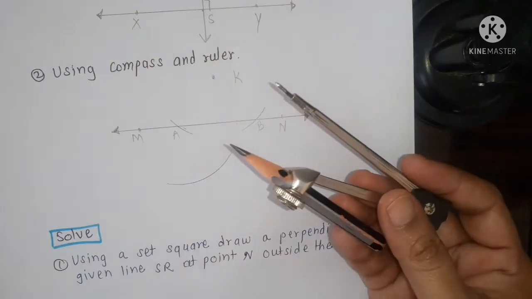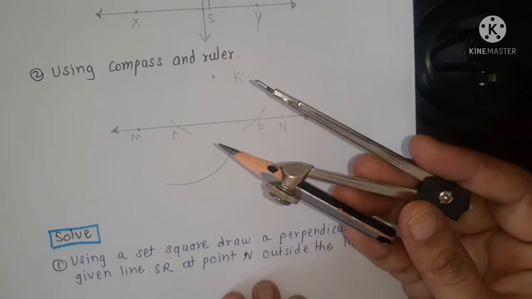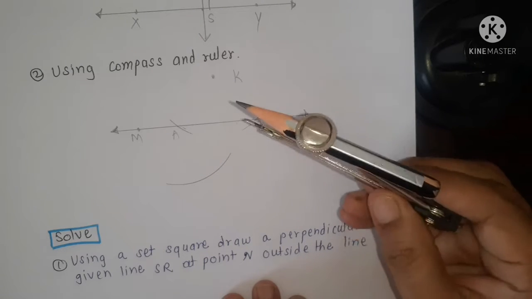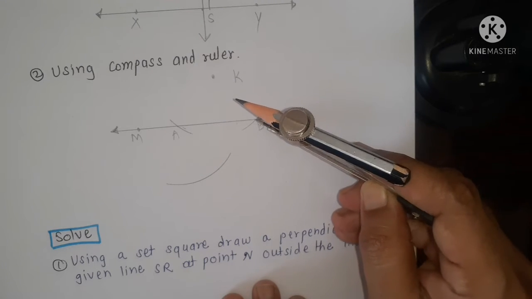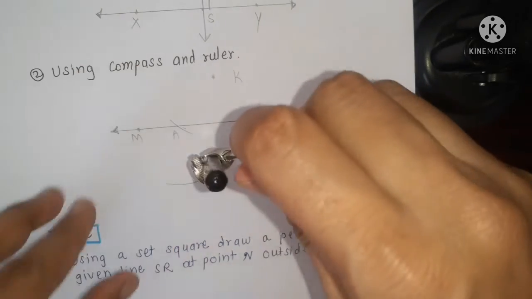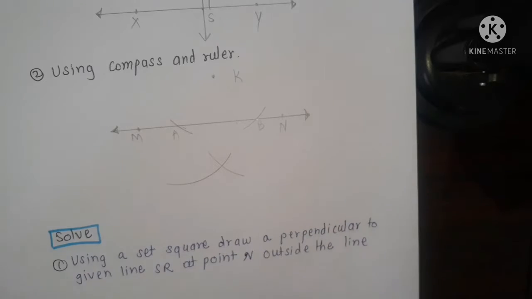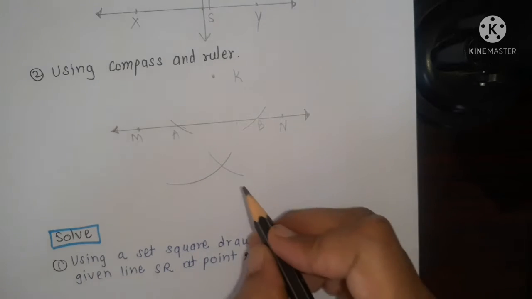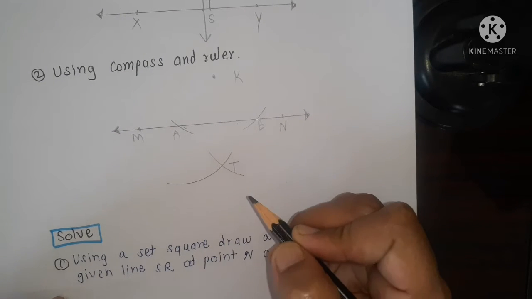Don't change the measurement between these 2 points of the compass. Place the compass at point B and draw an arc which intersects the previous arc. We get a point T.